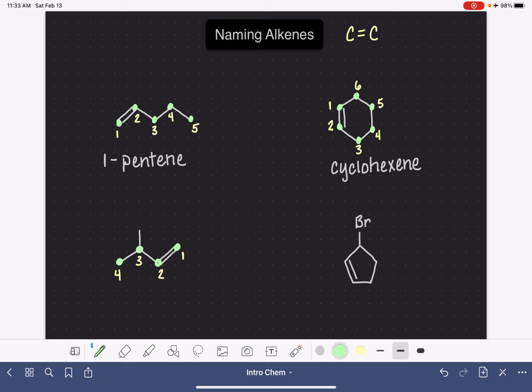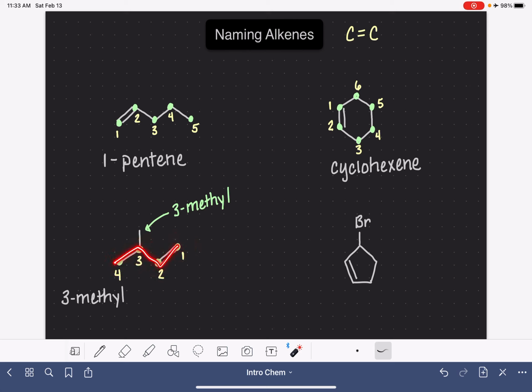This does have a branch or a substituent on it, so let's get that substituent named first. It's located on carbon number 3, and it's a 1-carbon substituent, so it is a methyl. When we name this molecule, we're going to begin like normal, indicating the location and the name of our branch, 3-methyl, and then we're going to name the parent chain, or the longest continuous chain of carbons.